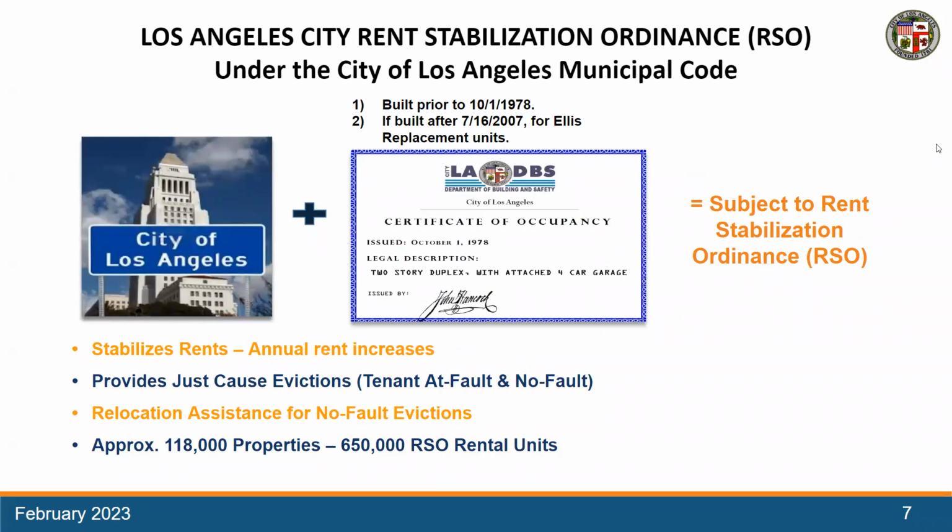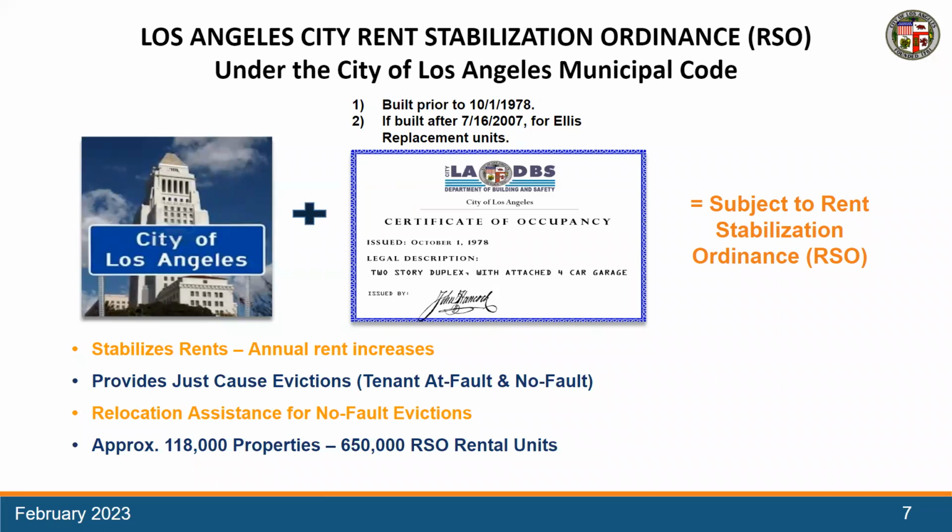Okay, once we determine that the property is located in the City of Los Angeles, the next important item to identify is whether the rental property is subject to the City of Los Angeles Rent Stabilization Ordinance, or RSO. Under the RSO, there are additional protections like regulation of rent increases and requirements for legal reasons for eviction, which could be either tenant at-fault reasons or no-fault eviction reasons.